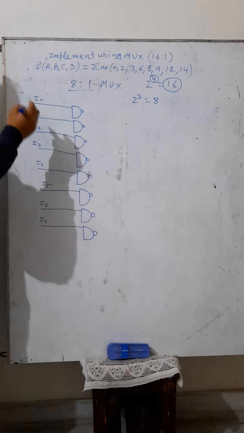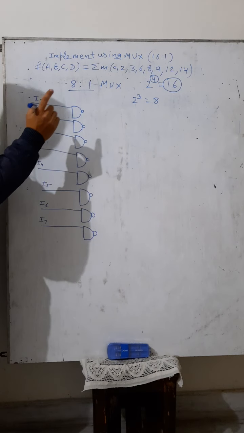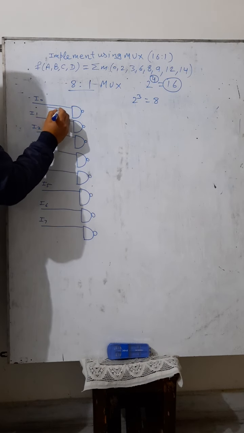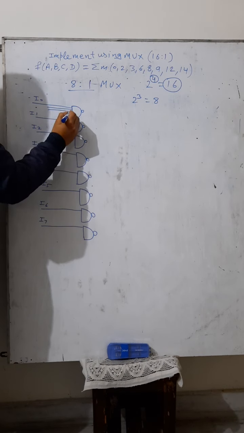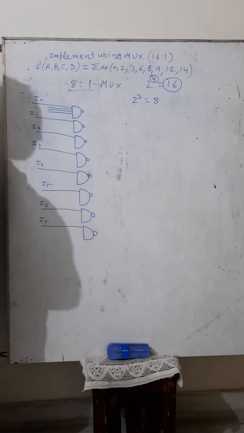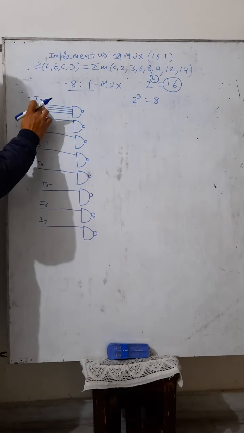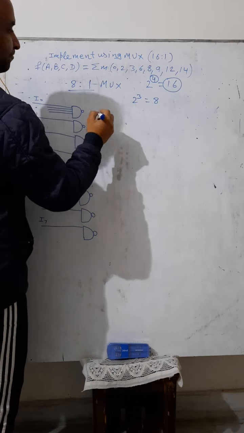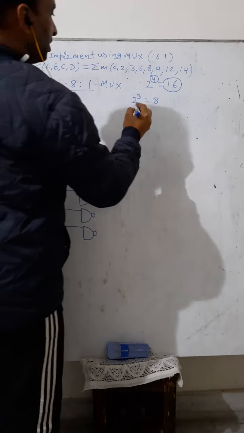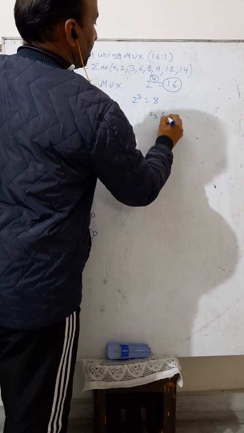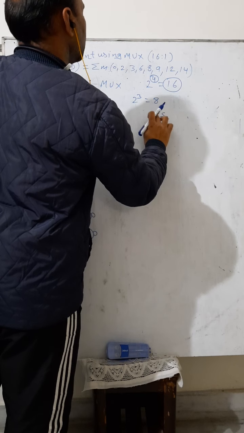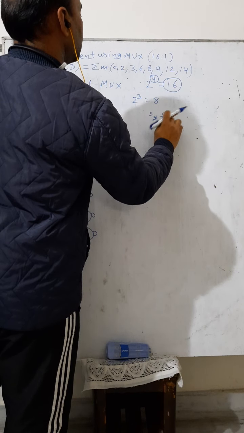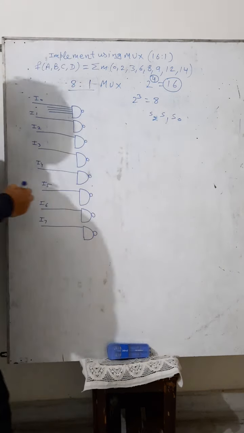Now 3 more inputs will be there according to the select signals. First 1, 2, 3. And what will be the values of these 3 signals? The same way, S2, S1, S0.